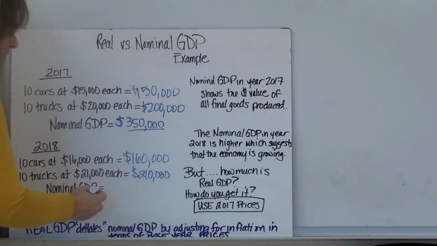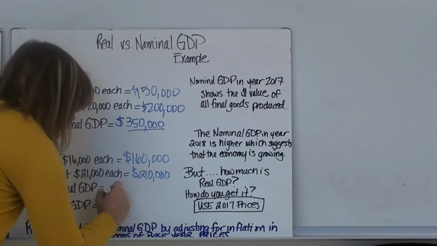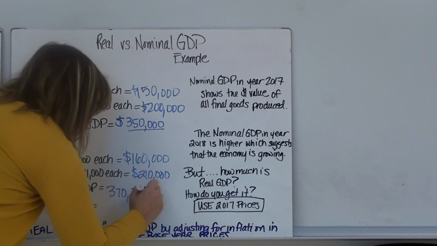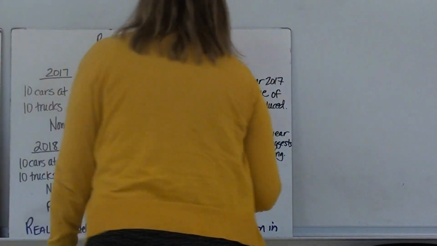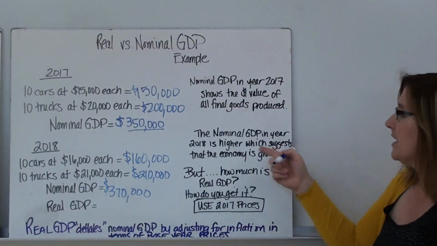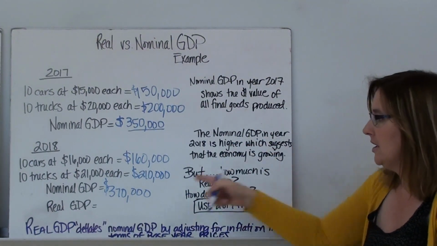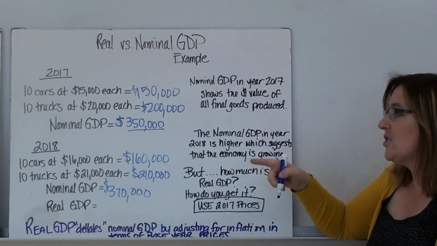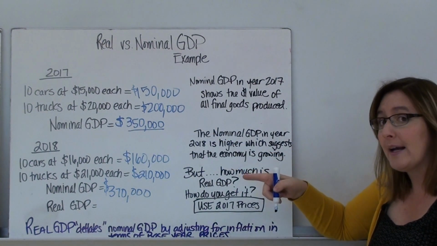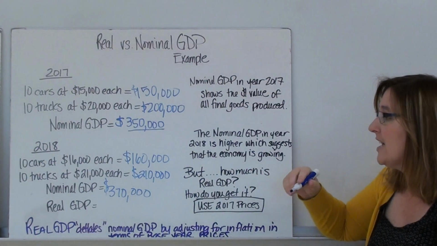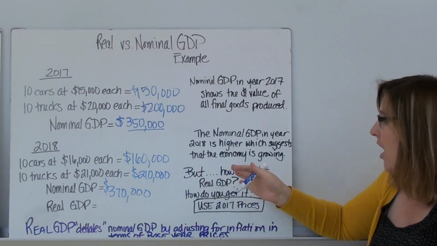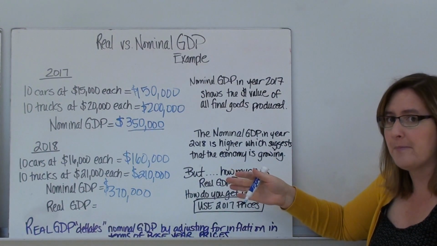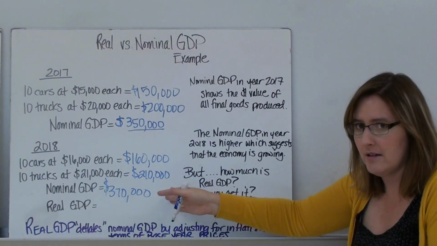And then we add those two together, and we have 370 as our nominal GDP. So nominal GDP in 2018 is higher, 370 as opposed to 350, which suggests that the economy is growing, but it's really not true. Because how much is real GDP for 2018?